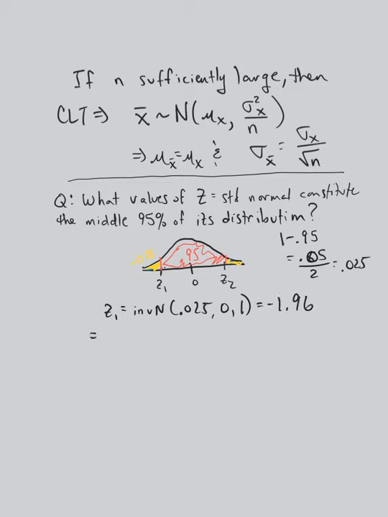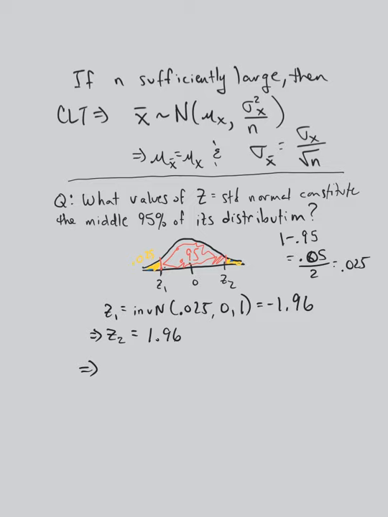All right, and the nice thing about the standard normal is it's not only symmetric, it's symmetric about 0, so that automatically tells you that Z2 is going to be positive 1.96. All right. Now, why is this an important question to ask?